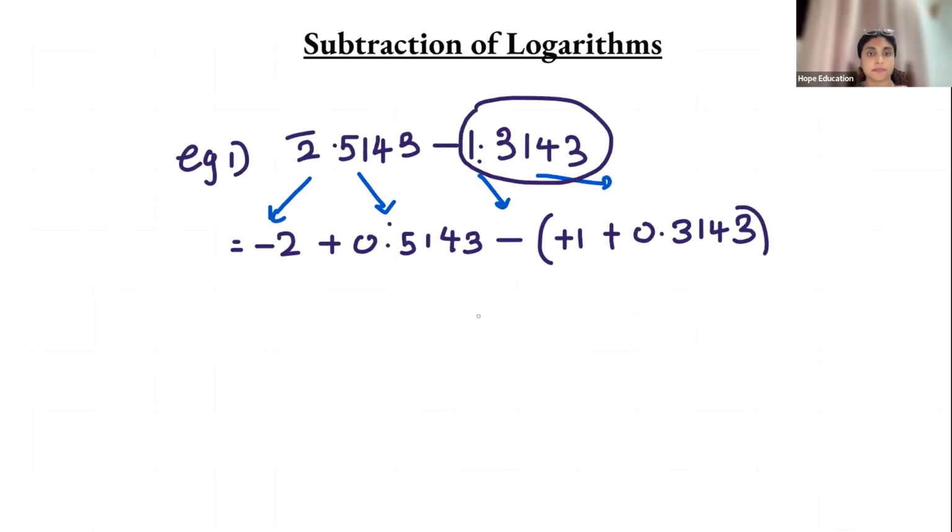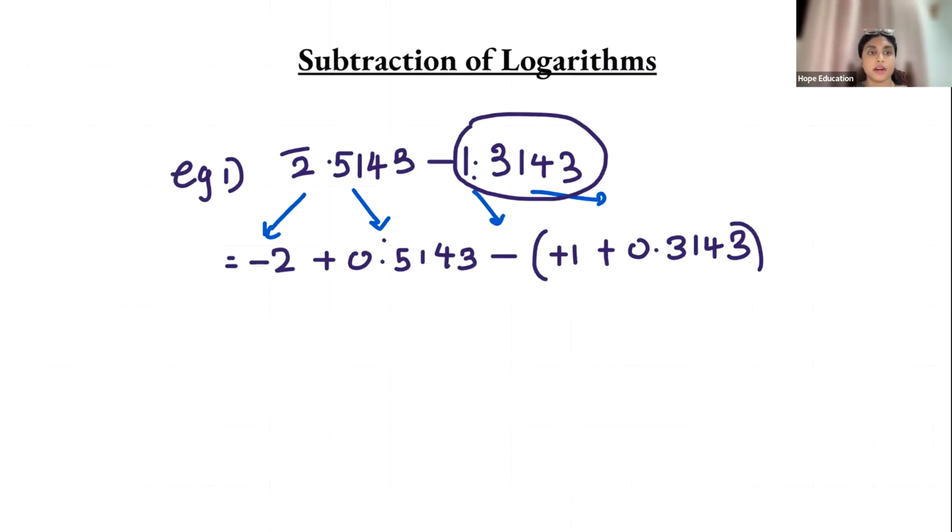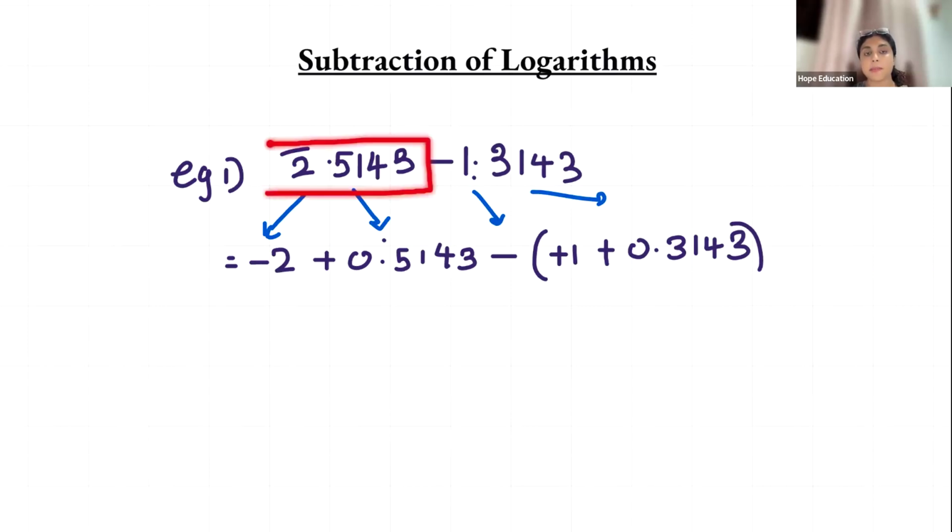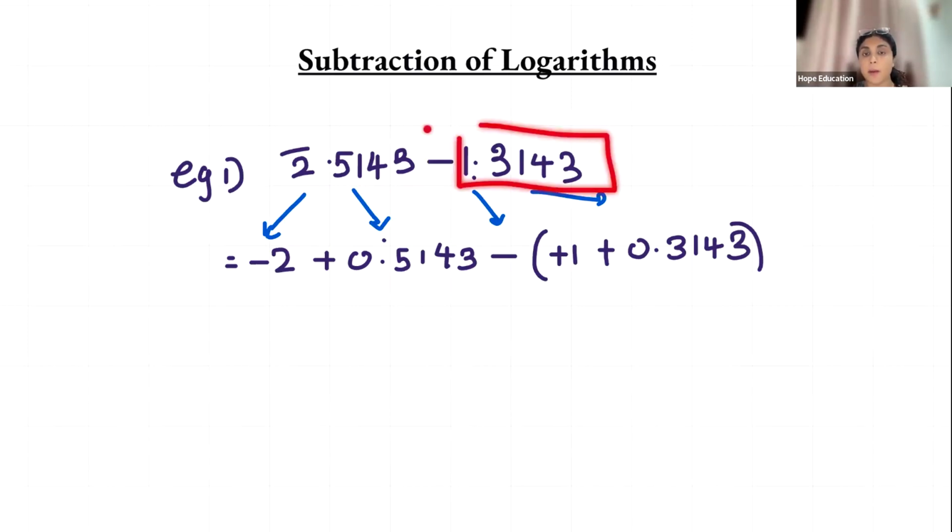Yes, I will explain again. Here what I did was, this is one of the logarithms. I separated it: bar 2 means minus 2, and the mantissa 0.5143. Is that clear? Then these are two logarithms, and the operation between them is subtraction. I put subtraction as it is.